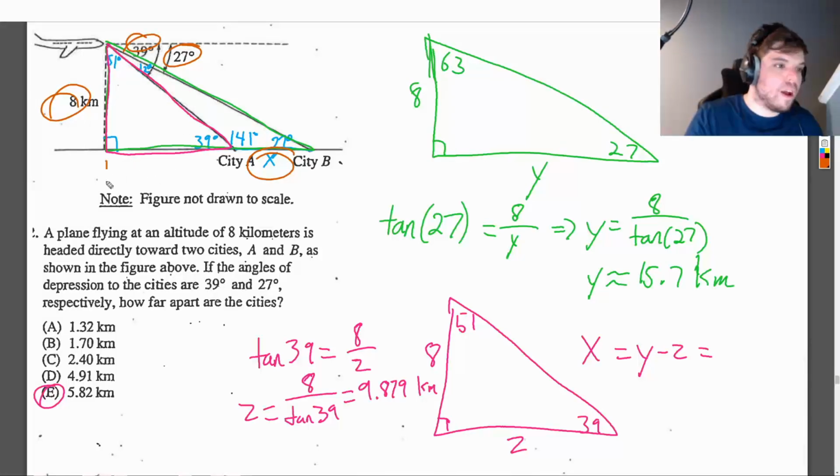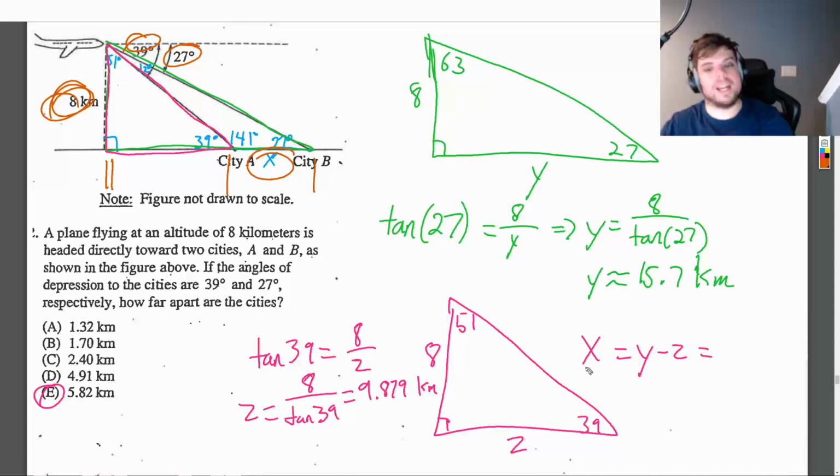So if we can figure out the whole distance here, all the way across, and then subtract this smaller distance, that's how we can get x. And both the whole distance and the smaller distance are going to incorporate this 8. And we can do some angle chasing, get some angles, and we could definitely figure out what these lengths are in order to get x.